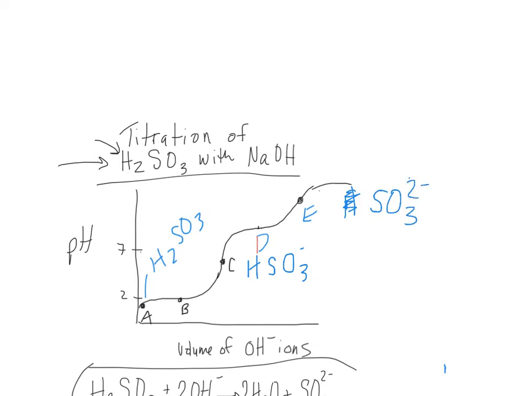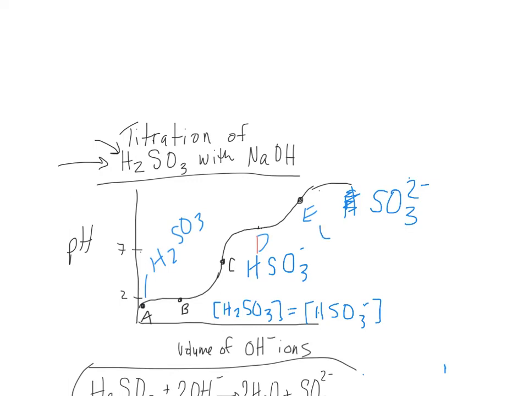So what about B and D? Point B is what's known as the half equivalence point. And at this point, the concentration of the original H2SO3 is equal to the concentration of HSO3 negative, meaning at point B, that is when half of these H2SO3s have been reacted away. And I have equal moles and equal molarity of H2SO3 and HSO3 negative.